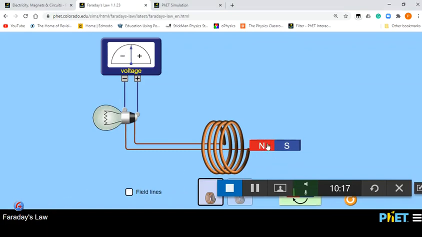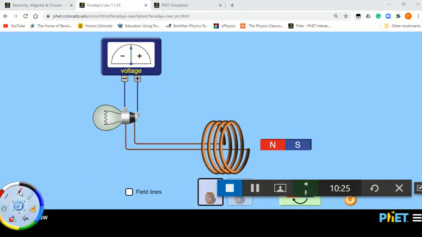Now remember, Lenz's law says that the current that is induced is going to oppose the change of the magnet. So inside this coil there is a current either flowing up or flowing down.